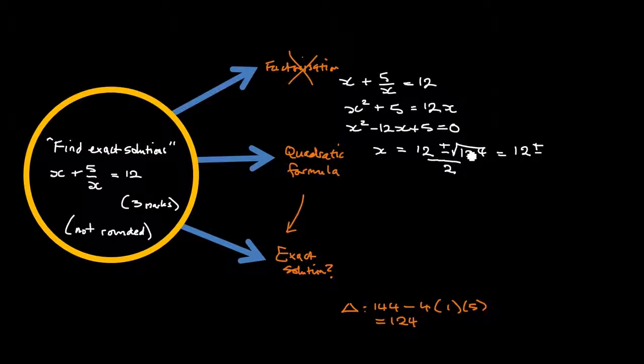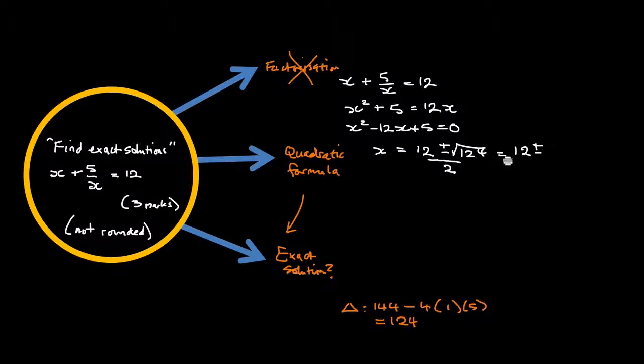Well, if we think of the digital sum, 1 add 2 is 3 plus 4, so we can't get 9 out. 4 squared, 16. Have we got 16? Well, no, 16 won't go into 124. If we keep going, 25 is clearly not working, and neither is 36. But 4 does, and so we have some sort of simplification that we can do here.